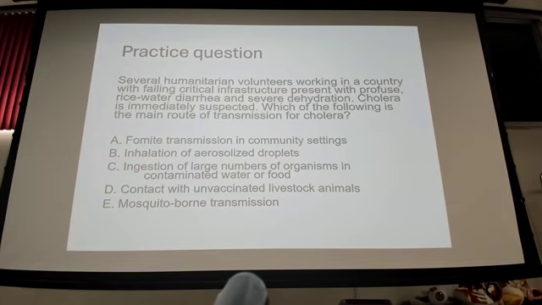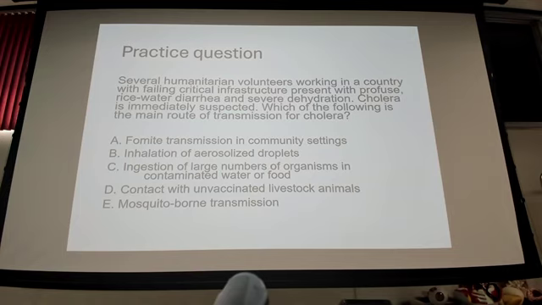What do you guys think? C. Good, okay. And again, the key word there is main route. Main route is still ingestion of contaminated water, food, water, large numbers. And then also, going back to probe this a little more, the symptomology is the rice water diarrhea.